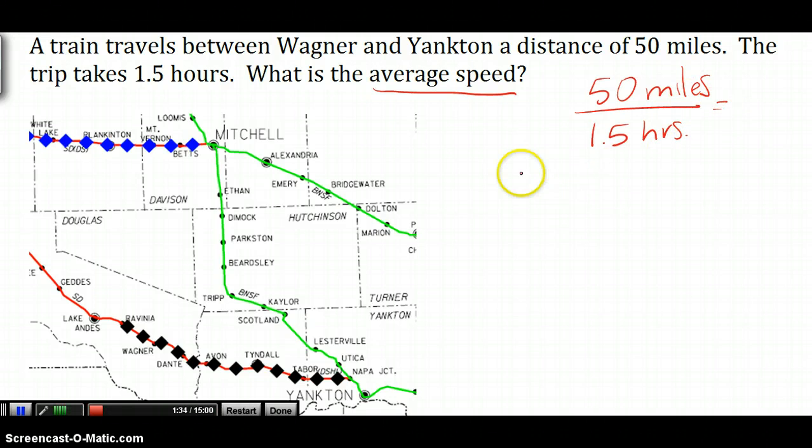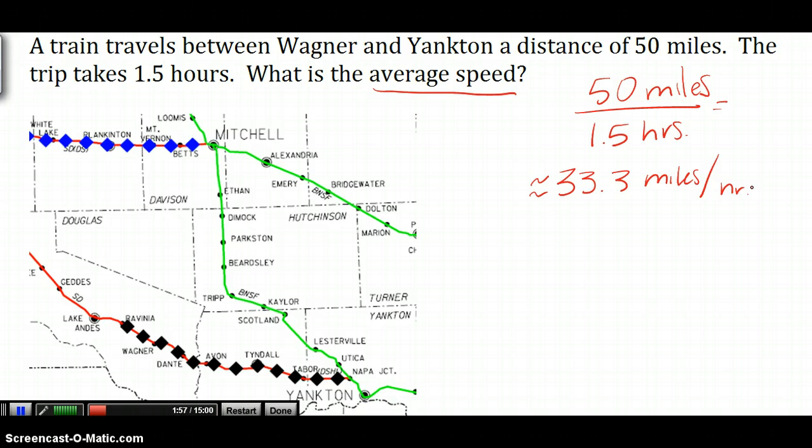And that gives you miles per hour. When you divide that, it's 33.3 repeating. But since this is a real life answer, you're not going to put 33.3 repeating miles per hour. Just put about 33.3 miles per hour.